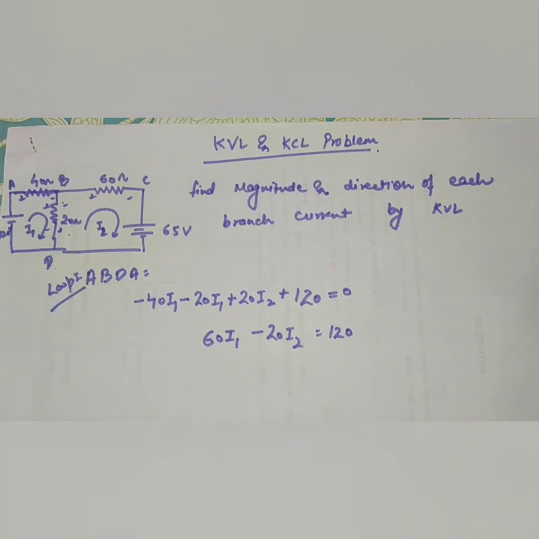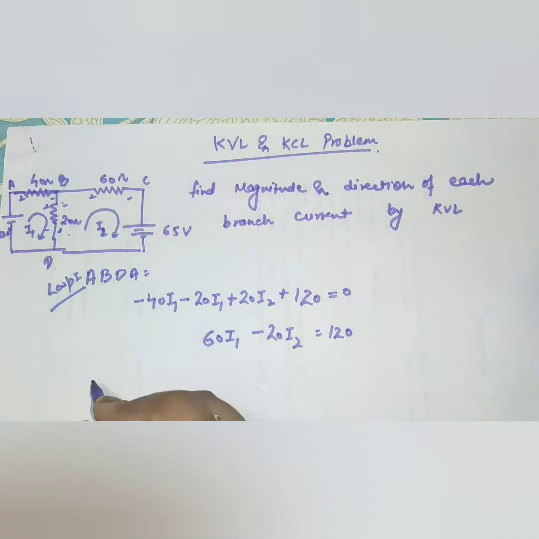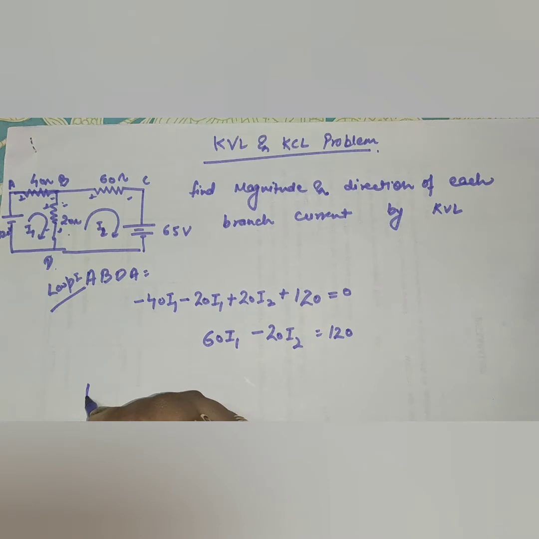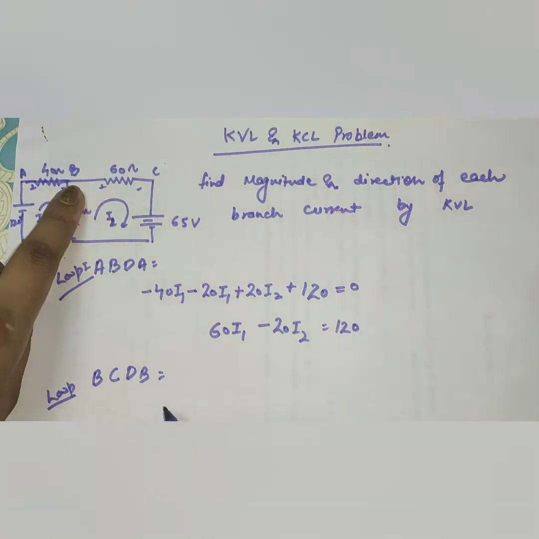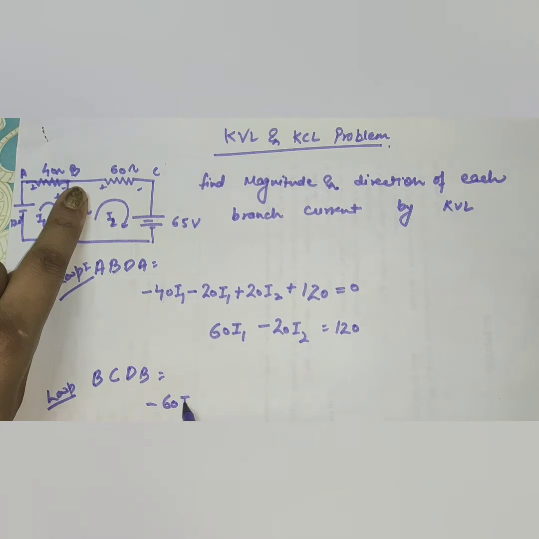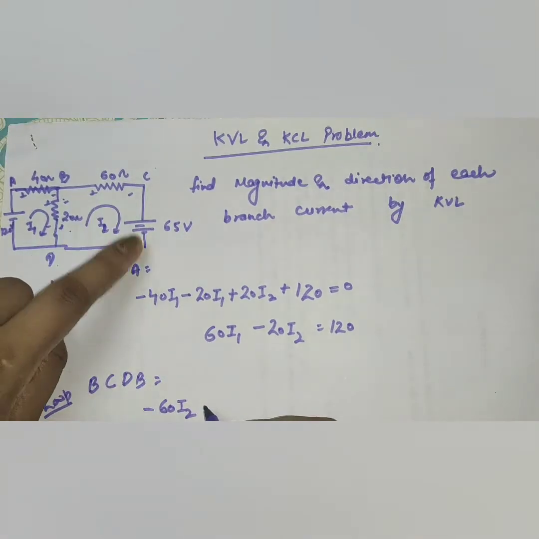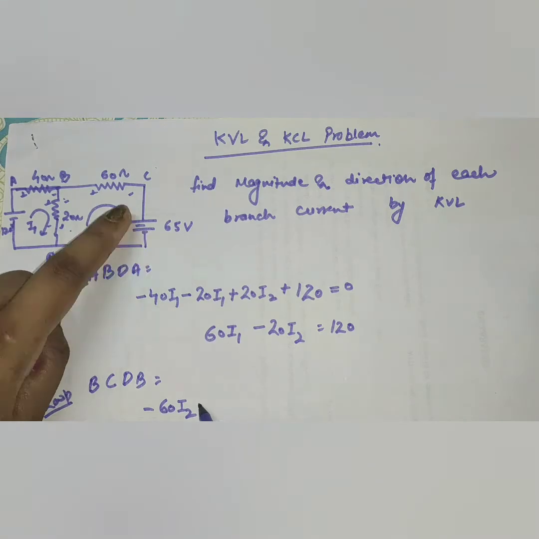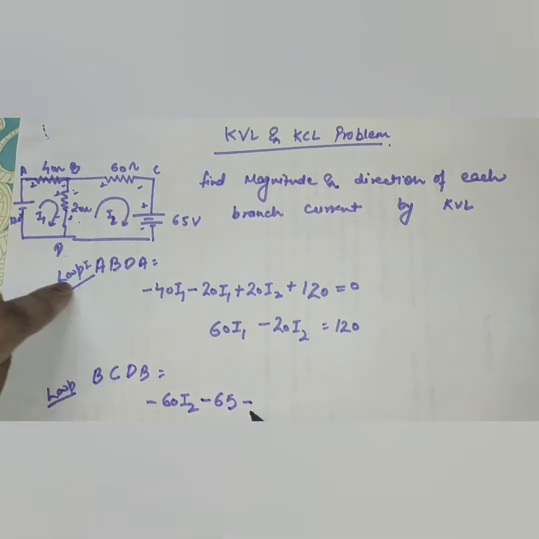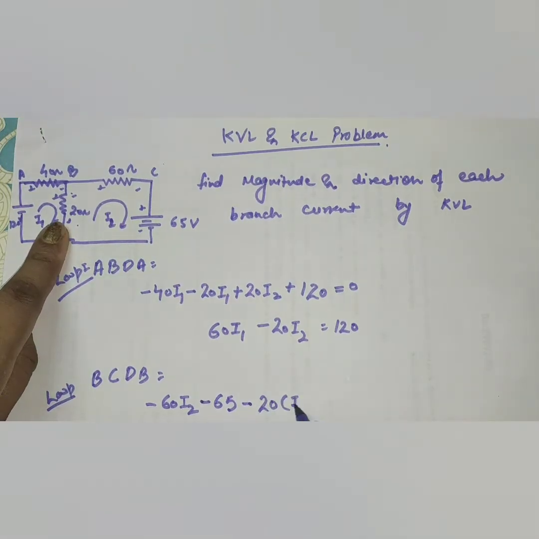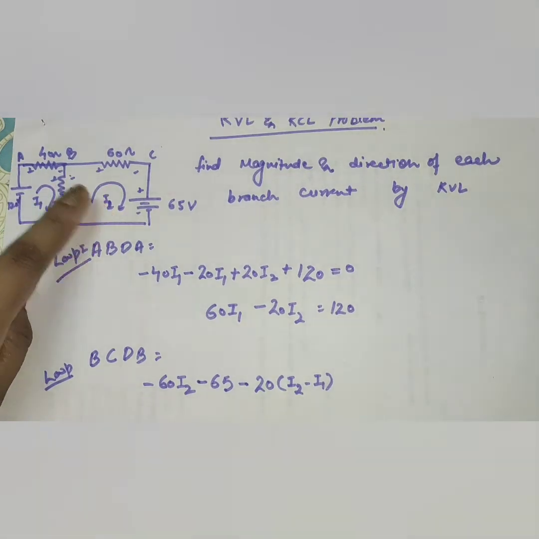Now we make another loop for I2, the mesh or loop B, C, D, B. Starting from B, that will be minus 60 I2, and the 65 volt voltage source goes plus to minus, so minus 65, minus 20 times I2 minus I1.